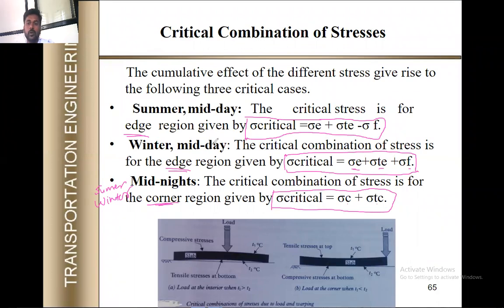Please write down this formula and highlight the portion which I have highlighted. Whatever portion I have highlighted, you should also highlight. Write down these three conditions. These conditions are the critical conditions due to the loads, temperature, thermal effect, and frictional effect. Write down these conditions. These are very important.